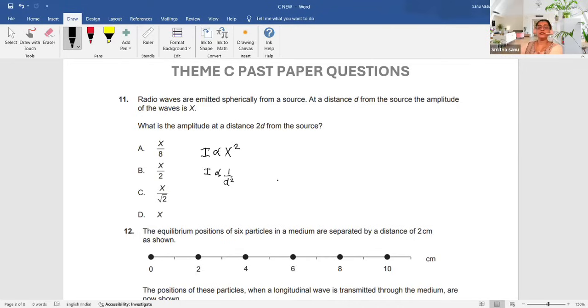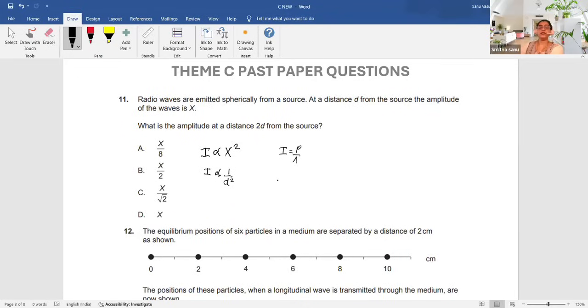Why is it so? Intensity is basically power. Power is energy emitted. Intensity is the power emitted per unit area.